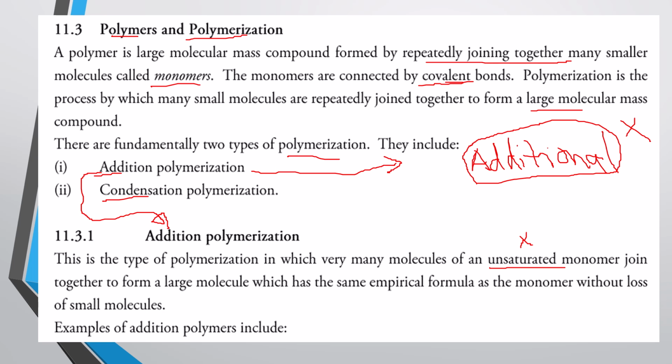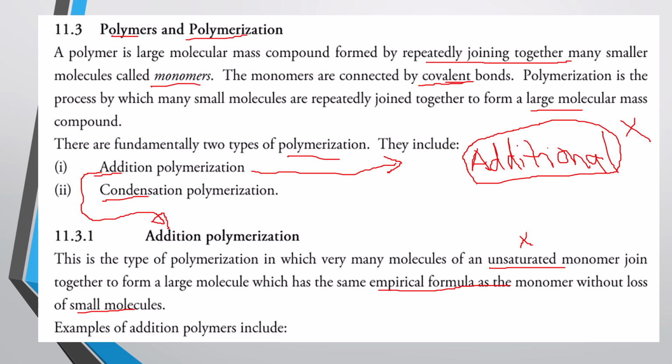So it's a type of polymerization in which very many molecules of an unsaturated monomer join to form a large molecular compound, which has the same empirical formula as the monomer without loss of any molecules. So what you have to note here is that in addition polymerization, we are joining repeatedly unsaturated monomers to form a large molecular compound, which has the same empirical formula as the monomer.